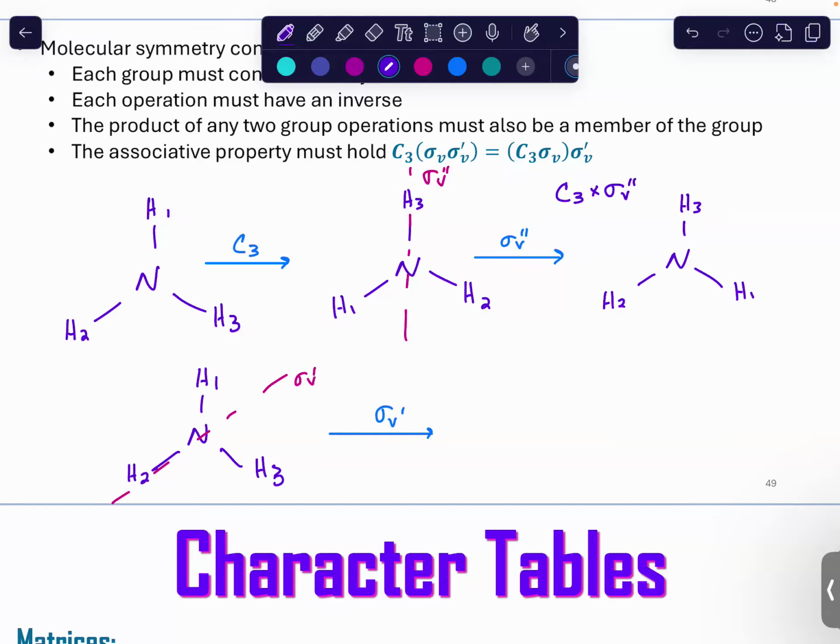The H1 and H3 will swap this time. And so you notice that this obeys the group theory rule that your C3 sigma V double prime product equals the single sigma V prime. So that's a rule of group theory. The product of any two elements of a group must be another element of the group.